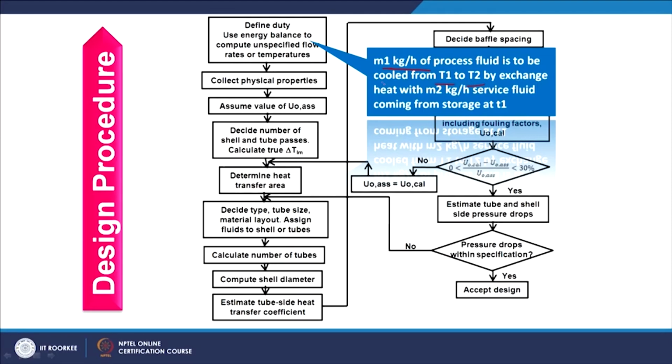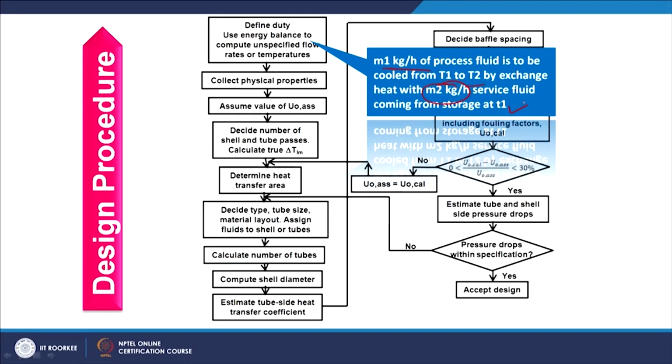If it is cooled, it means this is the hot fluid. It exchanges heat with m2 kg per hour of service fluid, which is coming from the storage at temperature T1.